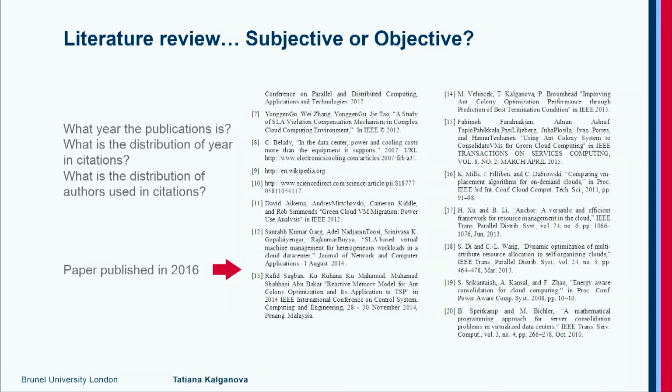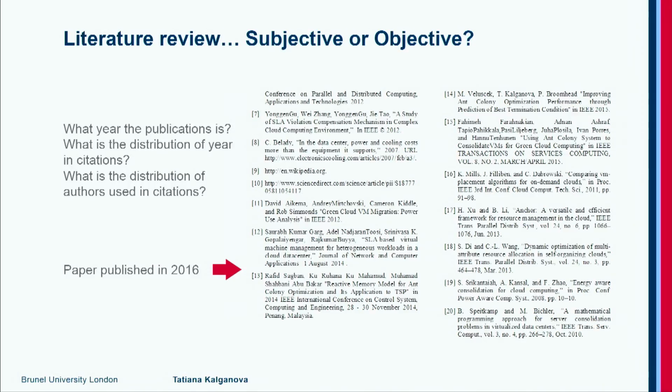If we have 2016 as the year of publication, we know that any of the publications defined previously must be covered up to 2016, and not later than this. Let's have a look at this particular case. Paper published in 2016.